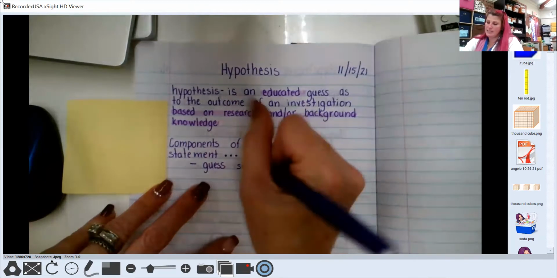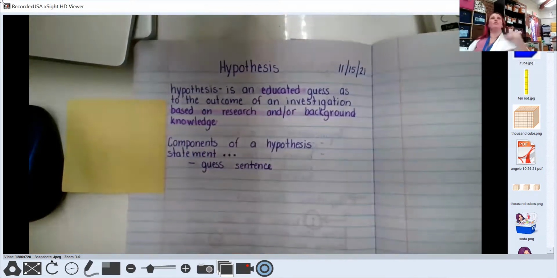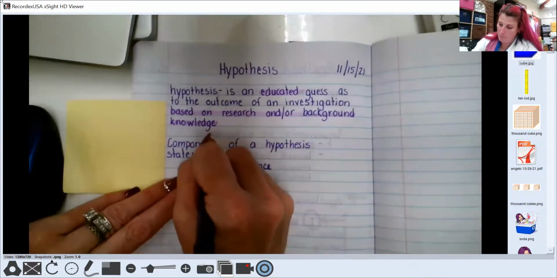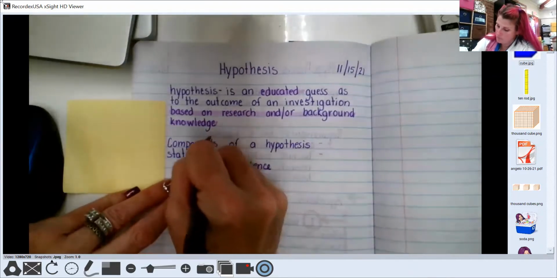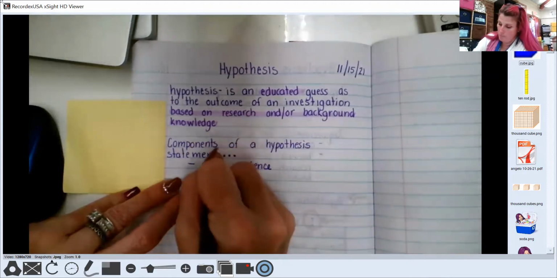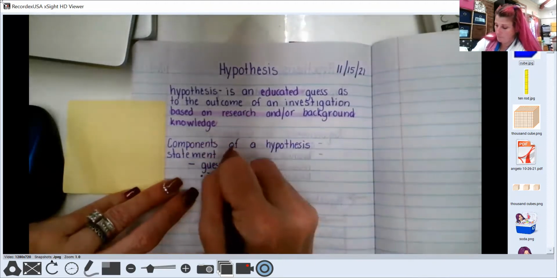And your guess sentence has to start out in a certain way. You can put I believe as an example of a way to start your hypothesis statement.